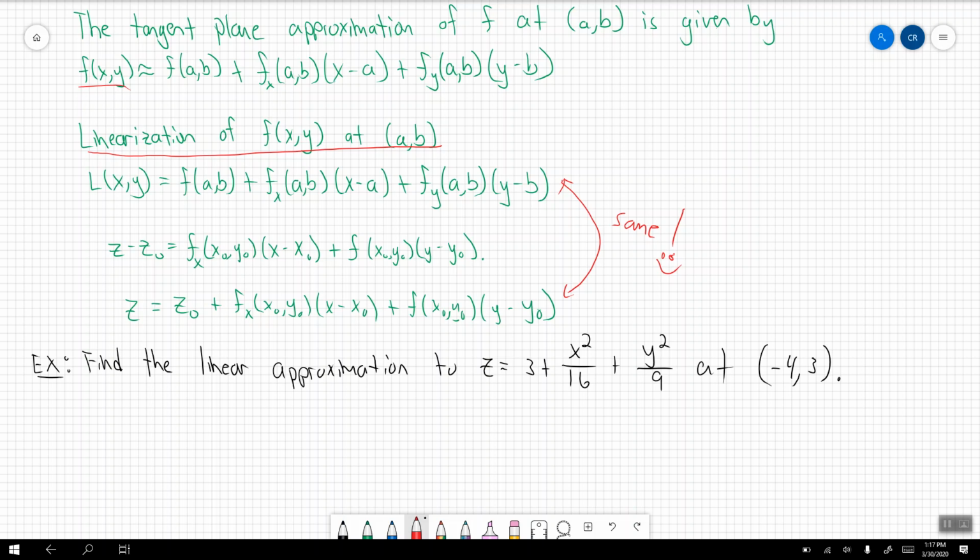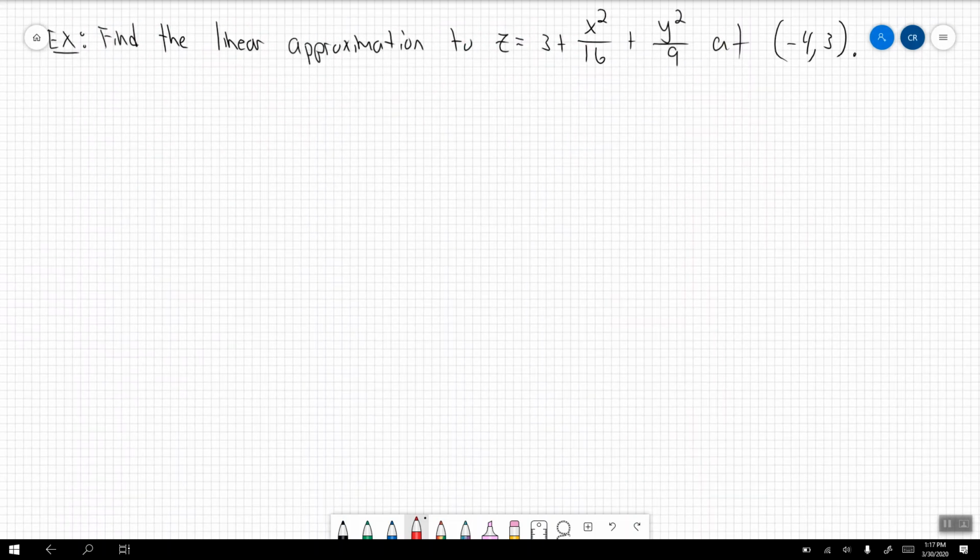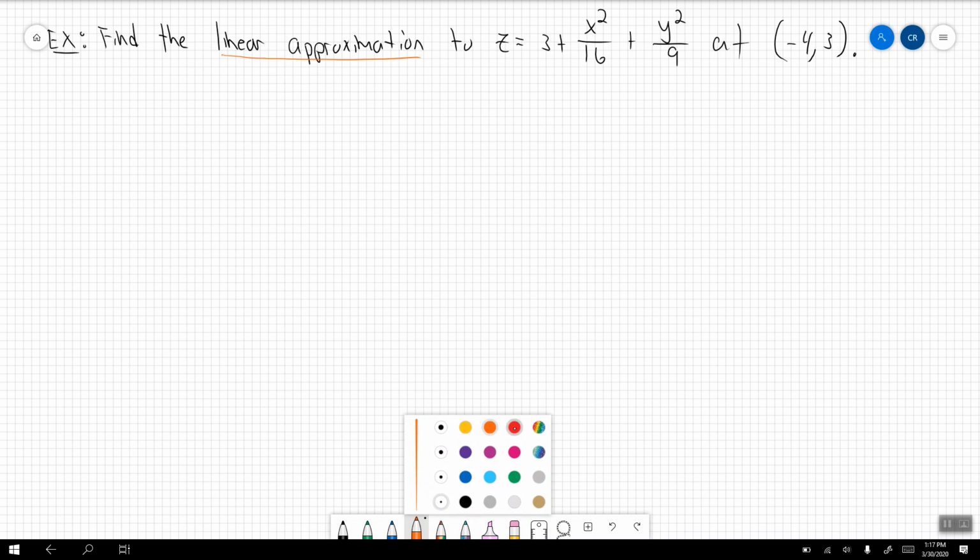Now again, we want this linear approximation. Another name for this linear approximation is that we want to find the linearization.